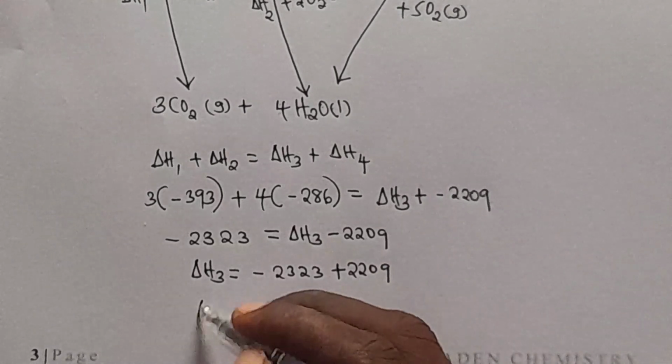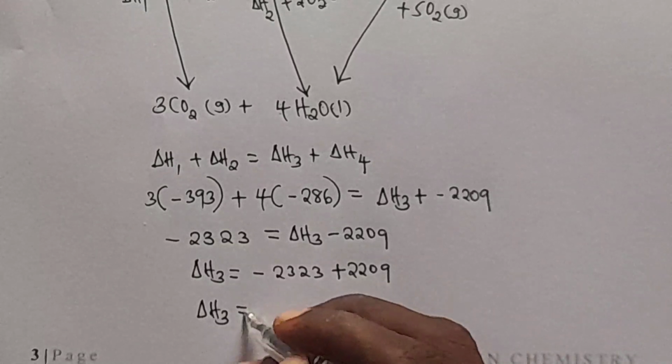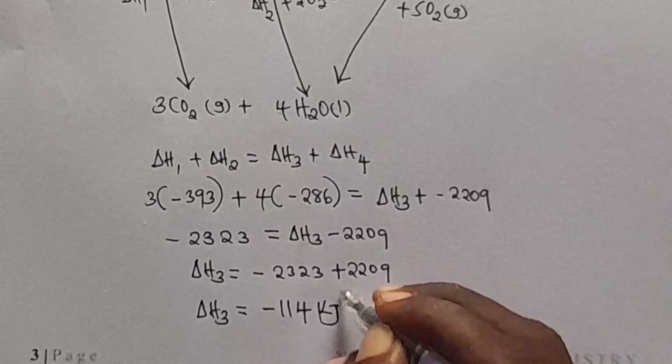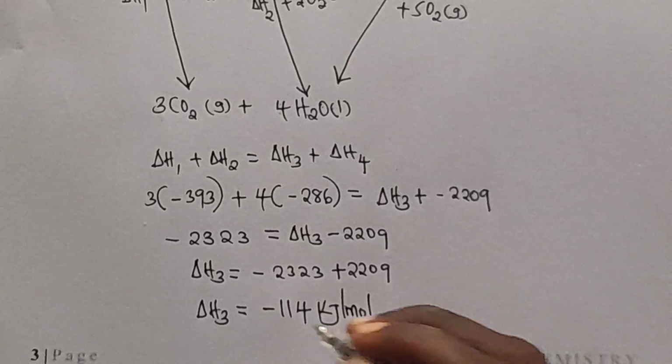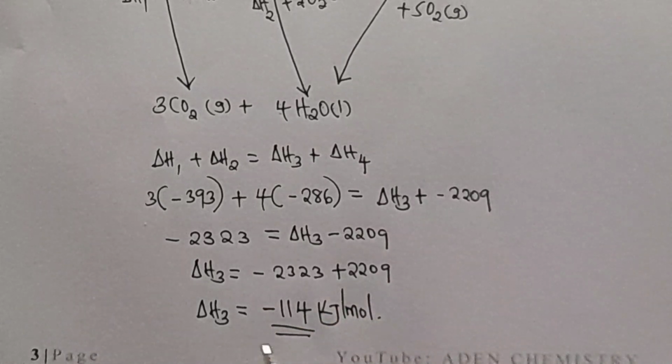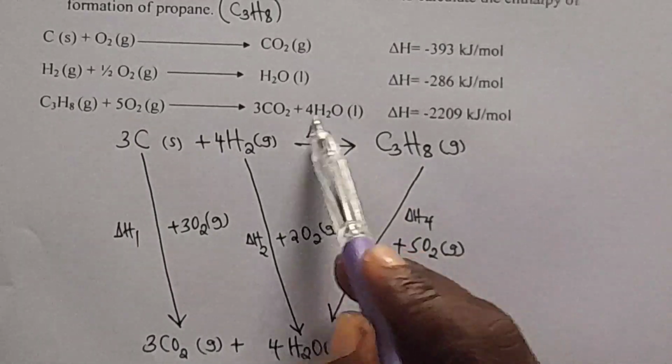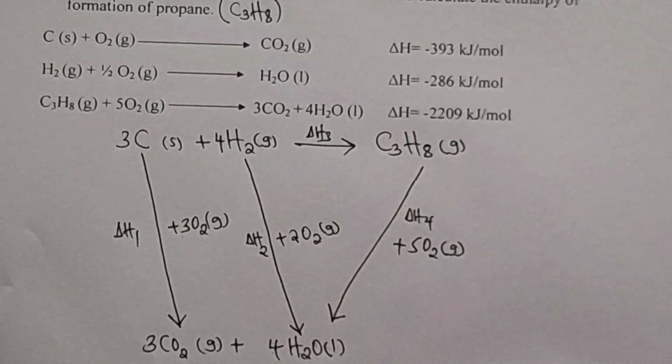That means enthalpy 3 will be equal to negative 114 kilojoules per mole. So this negative 114 kilojoules per mole will be the enthalpy of formation of propane, which we have here, enthalpy 3. So that's the end of our lesson.